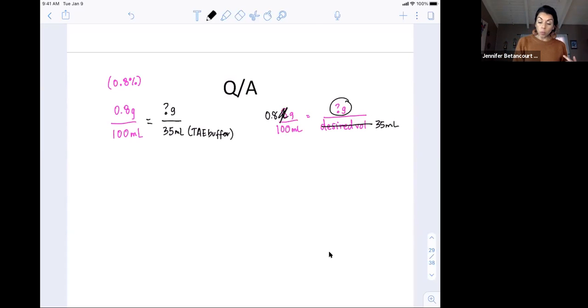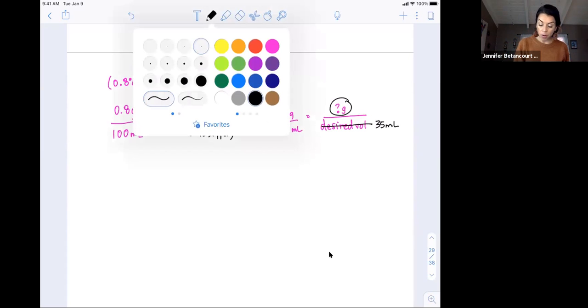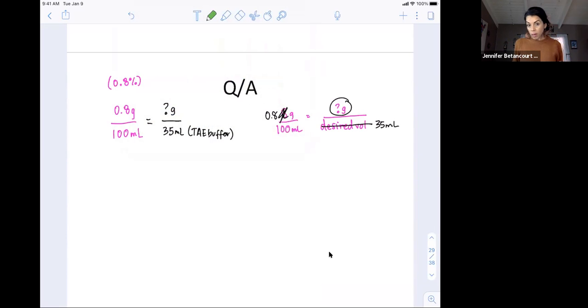So, a really quick recap of algebra. Crisscross multiplication, all that means is when you have two fractions set up, you take the diagonal numbers that you have actual values for. If you look at these two ratios, these are the numbers that are diagonal of one another and you have actual numbers. You multiply those together.